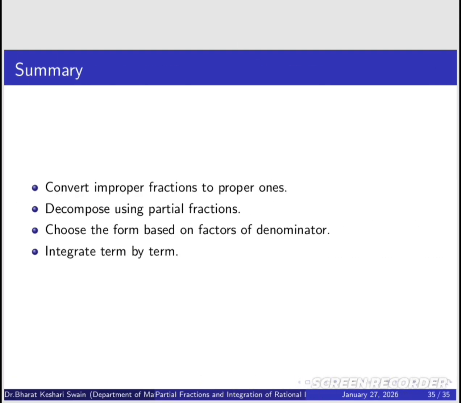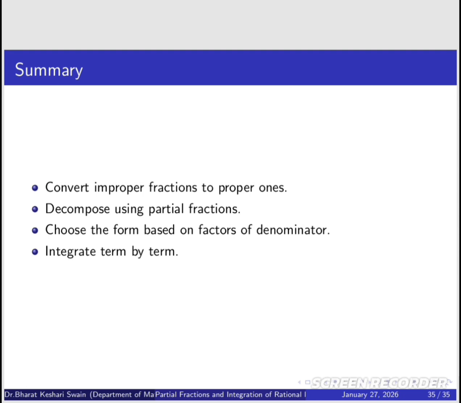Okay. This is the summary: convert improper fraction to proper ones first, then decompose using partial fractions, and after that choose the form based on the factor of the denominator, whether it is linear or quadratic or a product of linear and quadratic, or repeated linear factors or repeated quadratic factors.